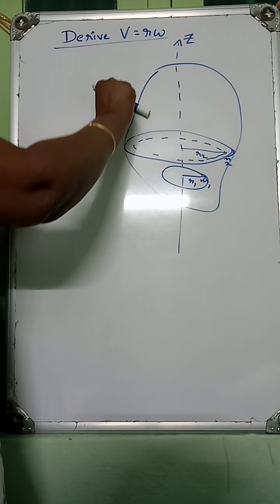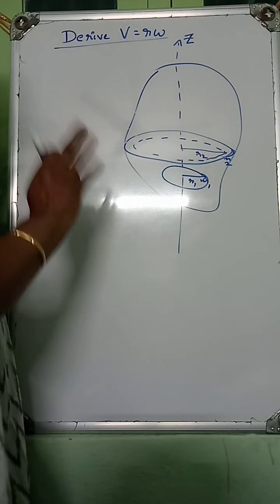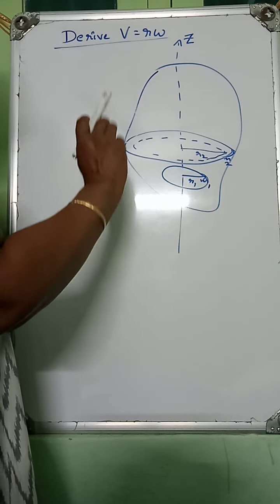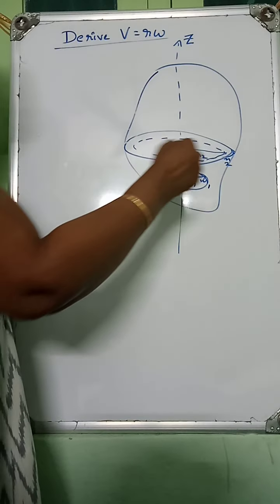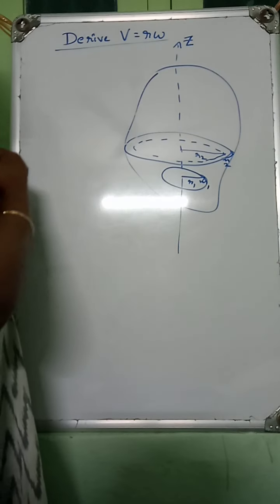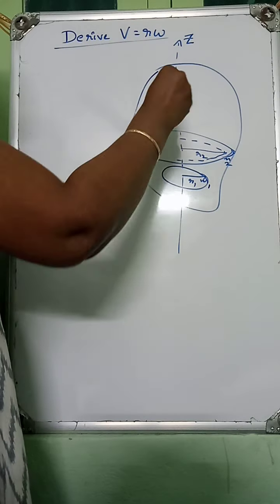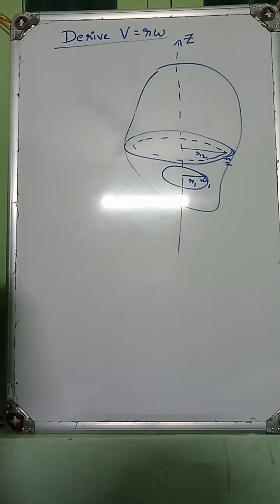Understand? If a body is in rotational motion, each and every particle in that object moves along the circumference of a circle of different radii. The imaginary line which joins the centers of all those circles is the axis of rotation.